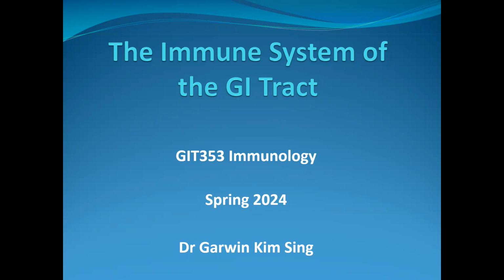Where the immune system is most active is in the barriers of the body, particularly the mucosal system, the respiratory tract, the GI tract, the skin, urogenital tract, and so on.